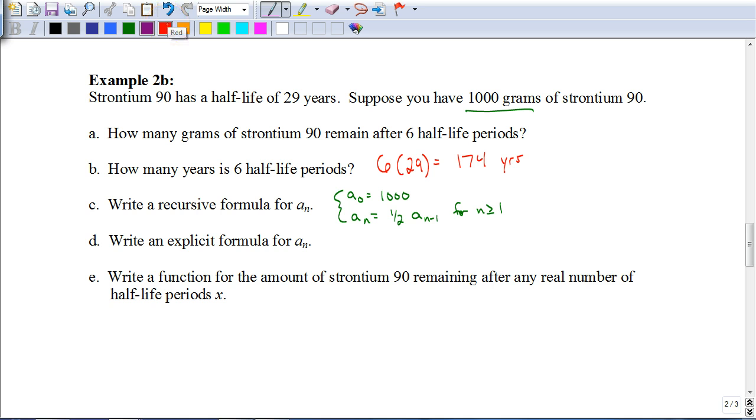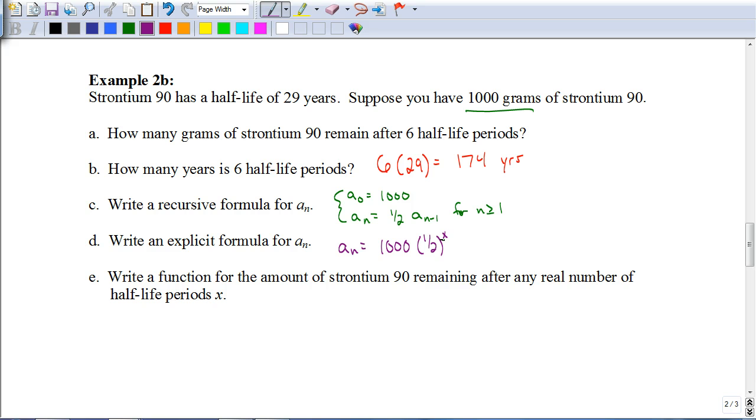Here's the important one, though, the explicit formula. The explicit formula would be your initial amount, which is 1,000, times your growth factor, which in these are always going to be 1/2. Anytime you're dealing with half-lives, your growth factor is always going to be 1/2 to the x power.